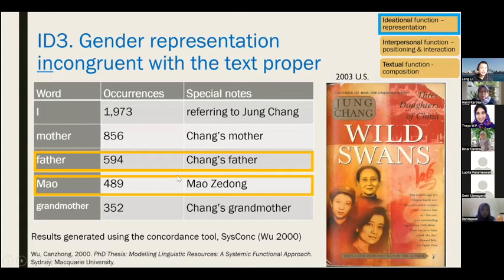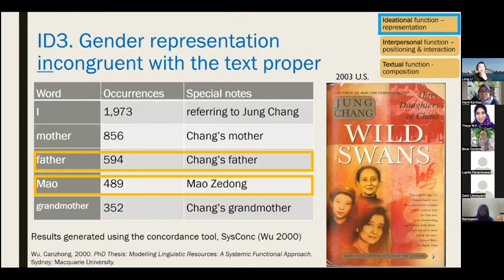Another important character is Mao, the leader of China. And he has also appeared more frequently than the grandmother. Again, the front cover does not represent Mao either verbally or visually, except for this line here, which mentions that the author Jung Chang has written another book about Mao.